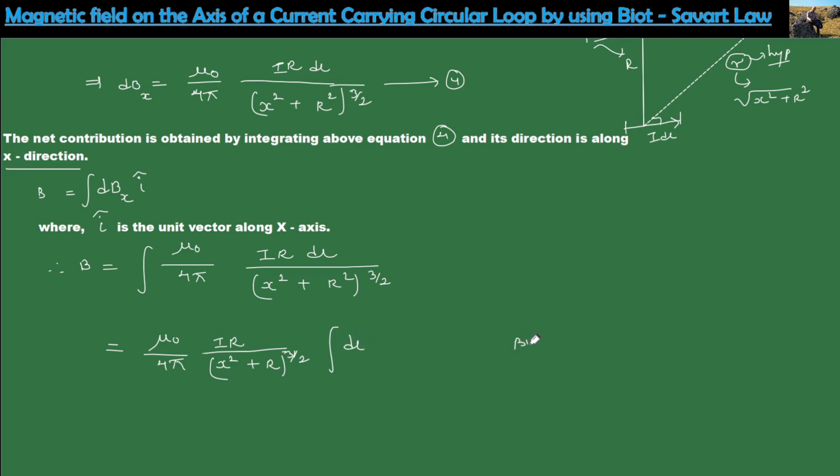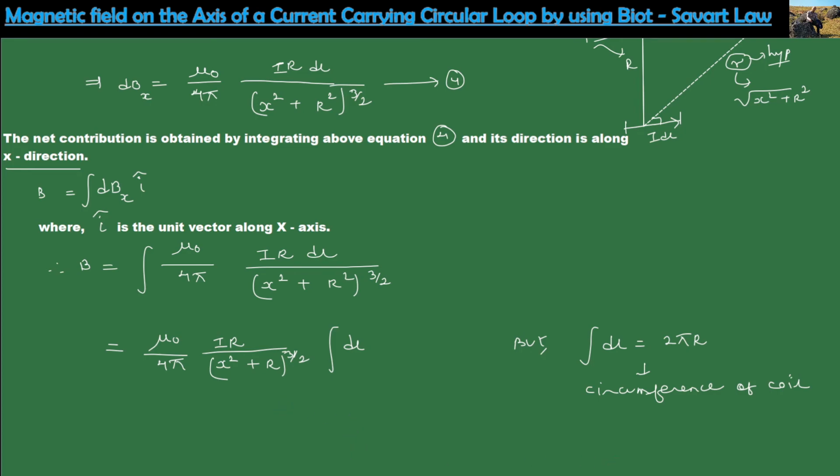But this integration over dl will be equal to twice pi capital R, which is the circumference, or the length of the loop, of that circular coil.